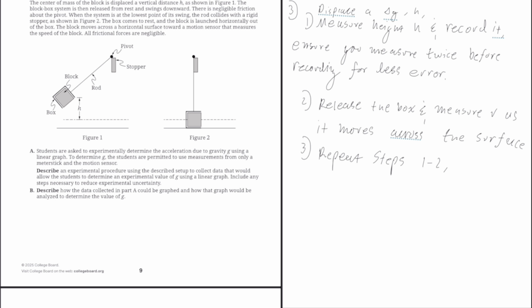When I say displace a delta y h, my handwriting is so bad, I mean displace the box a vertical displacement y equal to h. So repeat steps 1 to 2, 5 to 10 times, increasing h each time, and measuring each time.